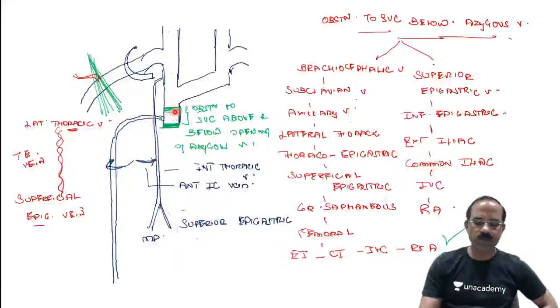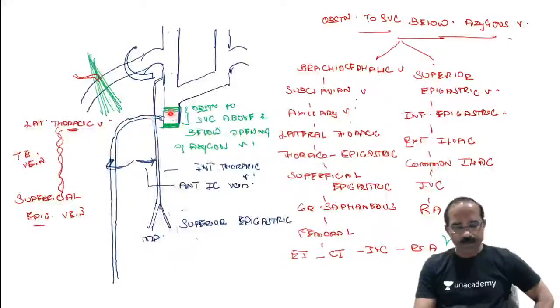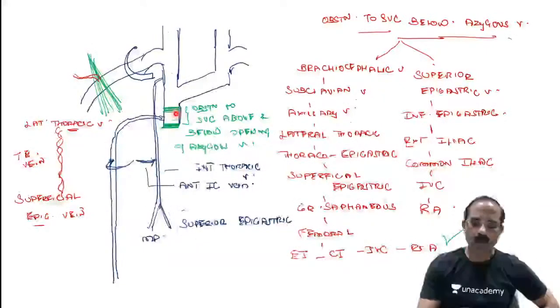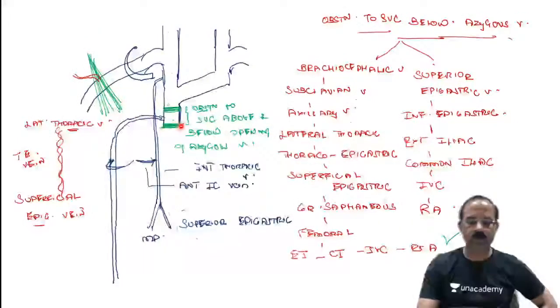Now there's an obstruction to the SVC above the opening of azygous vein. Here, this was the first obstruction. So, ये निकाल दो फिर आप, हाँ? You remove this obstruction. So the blood goes into the internal thoracic, then anterior intercostal, posterior intercostal, azygous, SVC, and right atrium.